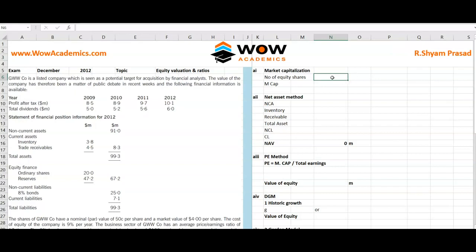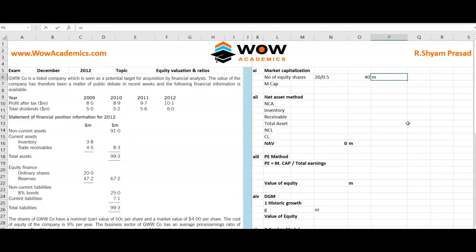So market capitalization, we need the number of equity shares to do it. So first we'll start from the book value. So there are 20 million shares and each share is worth 50 cents. This will give us the total number of shares.